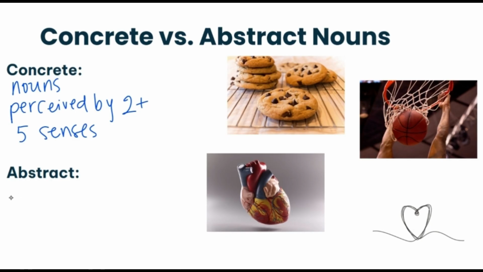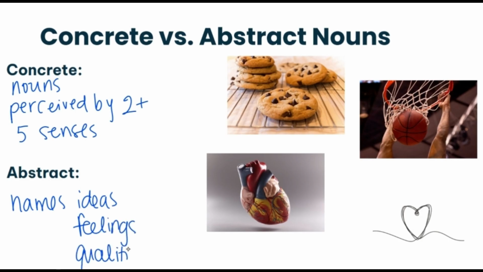Abstract nouns are nouns that name ideas, feelings, or qualities. Let's take a look at some of these images so we can practice telling the difference between concrete and abstract.